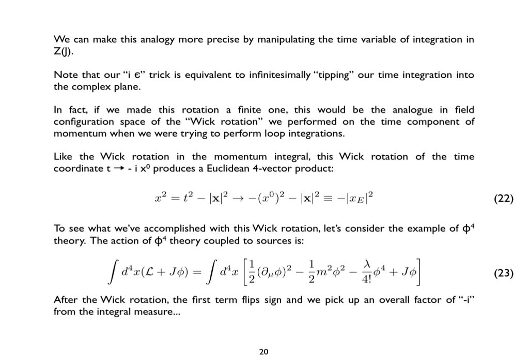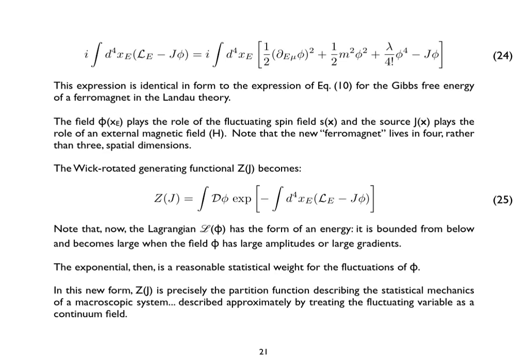All right. So let's see how this works for phi to the fourth theory. Okay. So we have our Lagrangian plus our source term, and I plug in my Lagrangian, and the only allowable, or normalizable, terms are the kinetic energy, the mass term, and then this phi to the fourth term. Okay. So now let's take this and Wick rotate it. If we Wick rotate it, two things happen. From the dx naught or dt integration element, we pick up a factor of i, since we're rotating onto the imaginary axis.